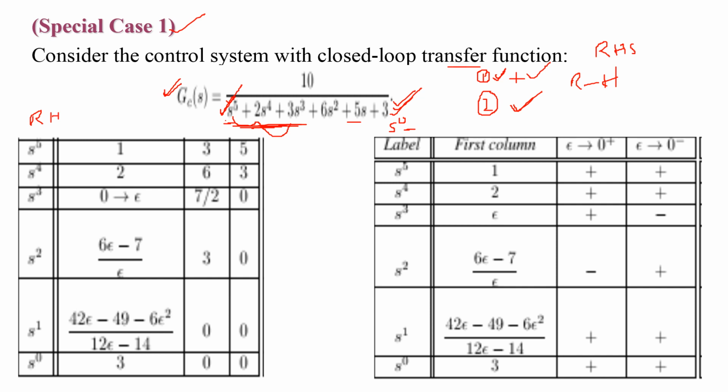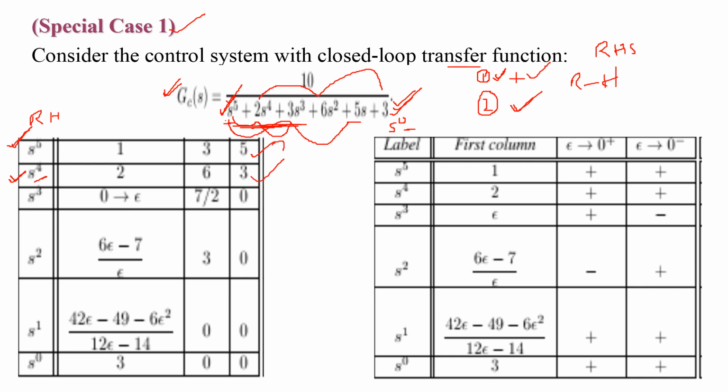From the characteristic equation we can get the first row, that is the s power 5 row, as well as the second row, that is the s power 4 row. The coefficients of the s power 5 row are the coefficients of s power 5, s cube and s power 1, that is 1, 3, 5. Similarly, the s power 4 row elements are those of s power 4, s square and s power 0, that is 2, 6, 3.